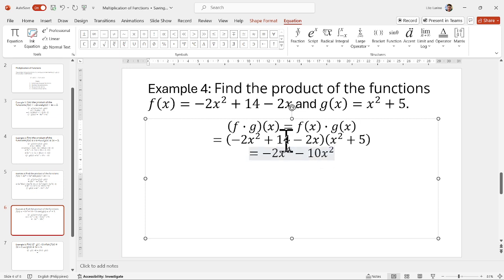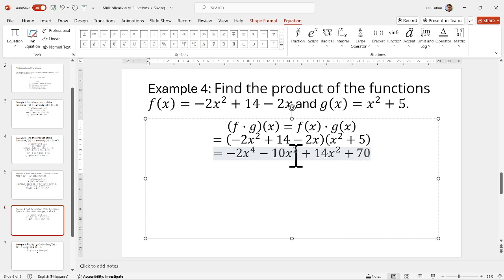Then the second, again, negative 2x squared times x squared is negative 2x to the fourth, adding the exponents. Negative 2x squared times 5 is negative 10x squared. Next, we have 14 times x squared. We have plus 14x squared. Then 14 times 5 is plus 70.